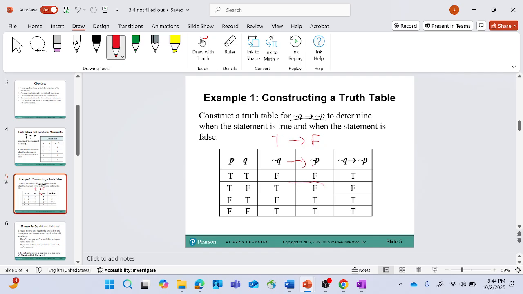That's only right here. And that's why this is the only one false. Right? False implies false. That's okay. True implies false is not okay. I shouldn't put a check mark, put an X. False implies true. That's okay. True implies true is also okay. But a true statement implying a false statement cannot happen. That's the only time you have a conditional being false.